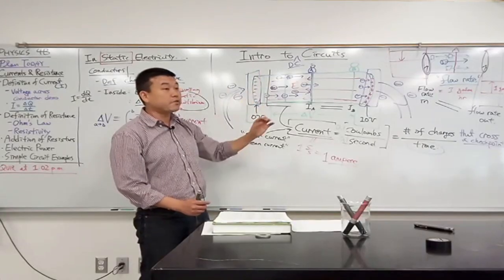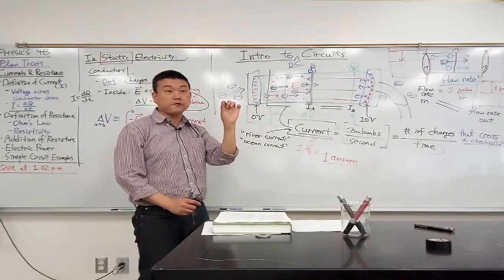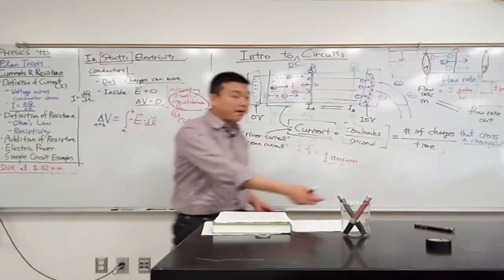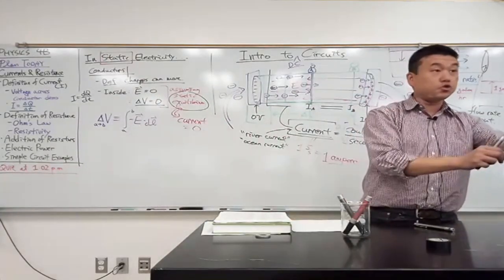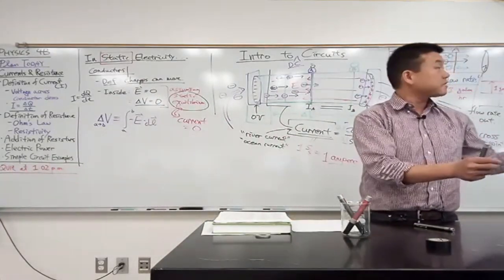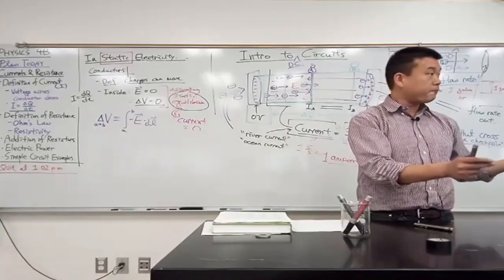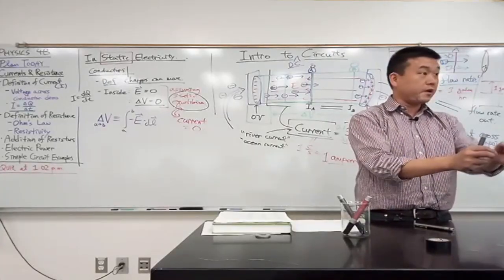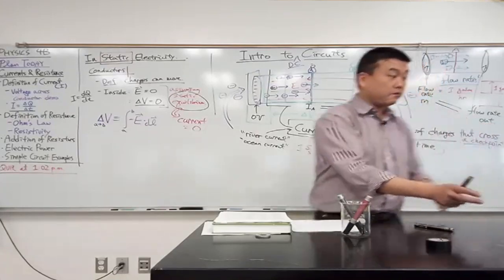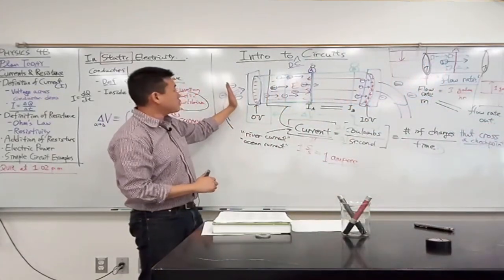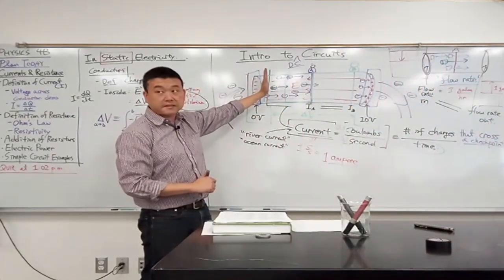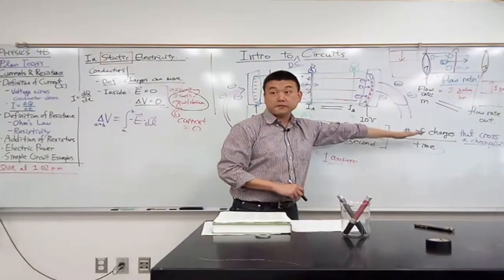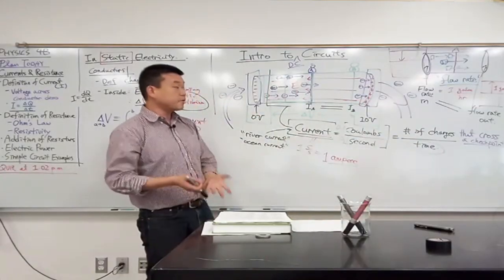As in, if you try to accumulate even the tiniest amount of coulombs of charge in a wire like this, it involves such a huge amount of voltage and force that you just can't do it. So the very good approximation to make is that there's no significant charge accumulation anywhere here. So however much charge is coming in here, the exact same amount of charge has to go out here.